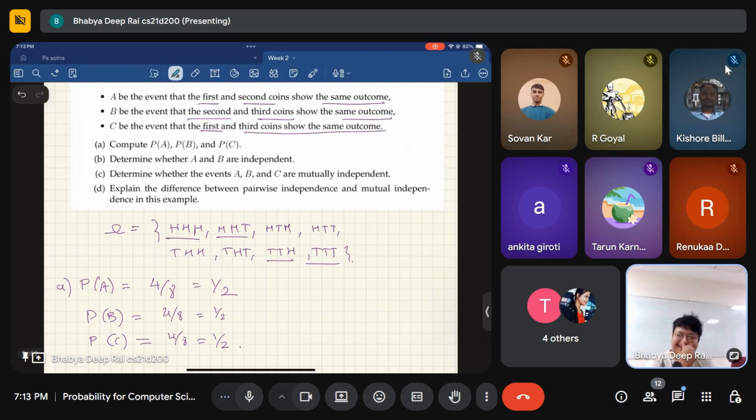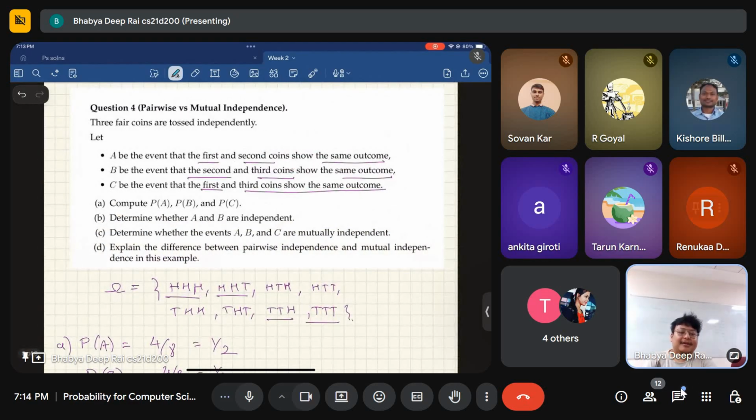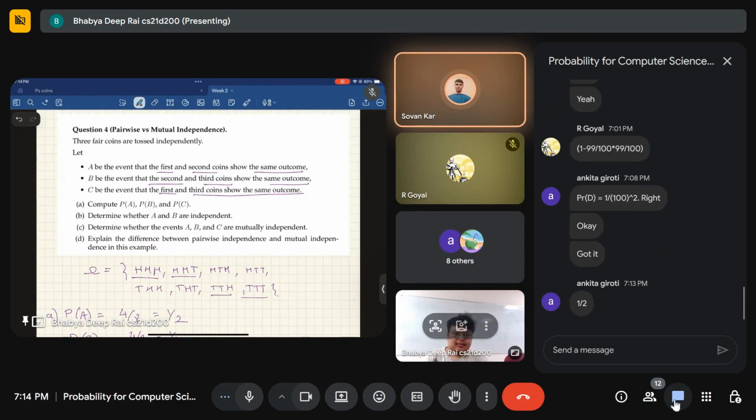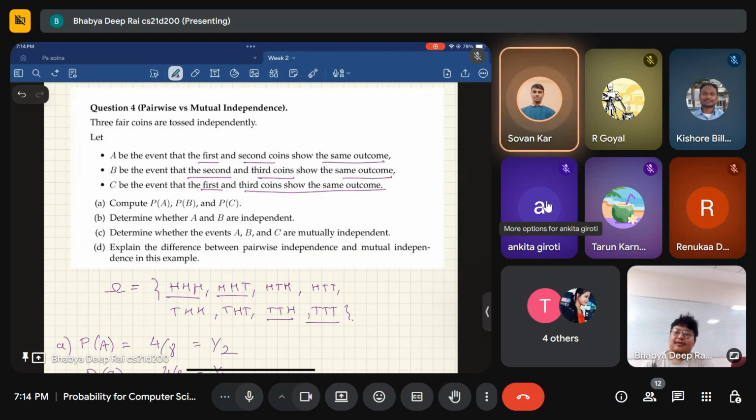Now, what about this second question? Determine whether A and B are independent. Yes, they are independent. Why?